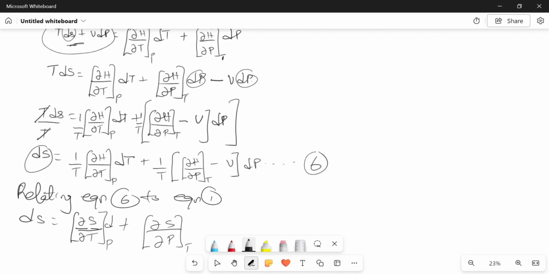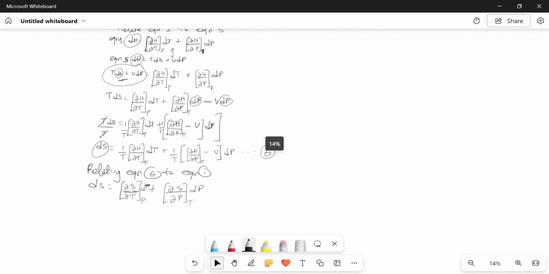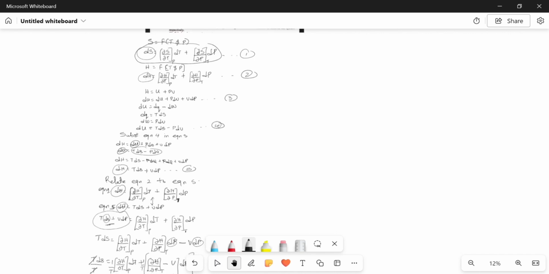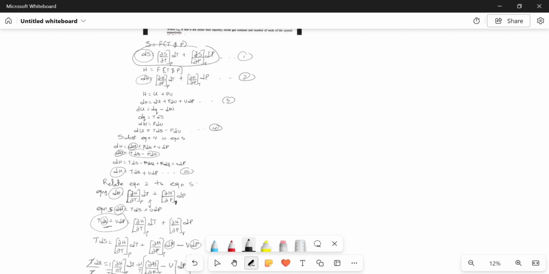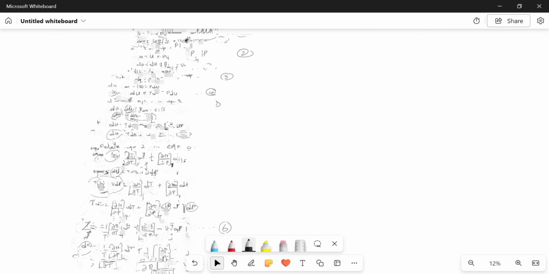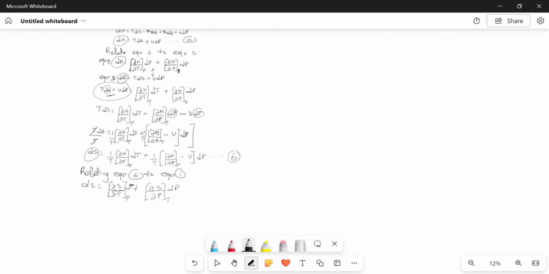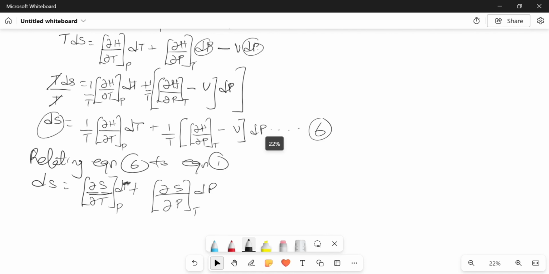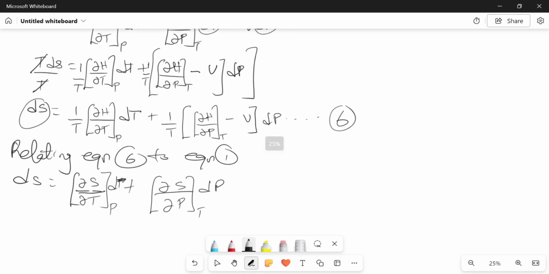Don't forget there is dt here, and we have dp here. So this is what we have in equation 1, and this is what we derive from equation 1.